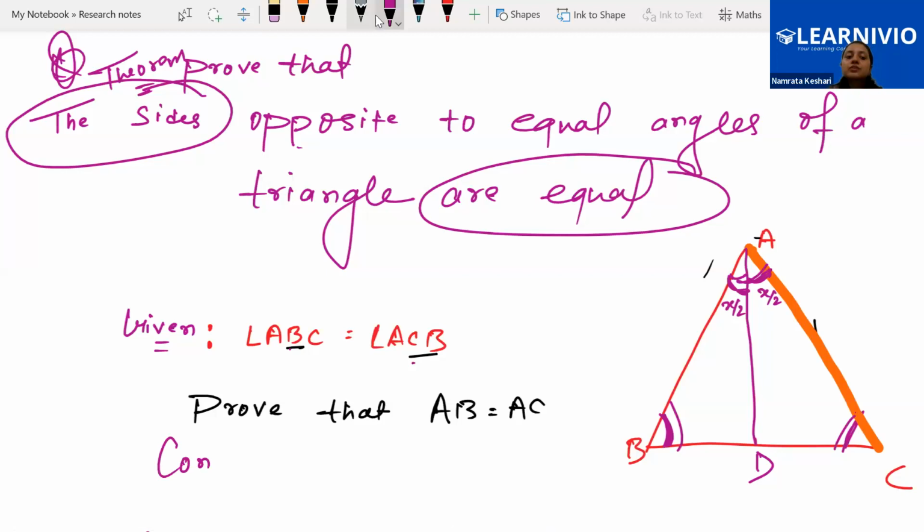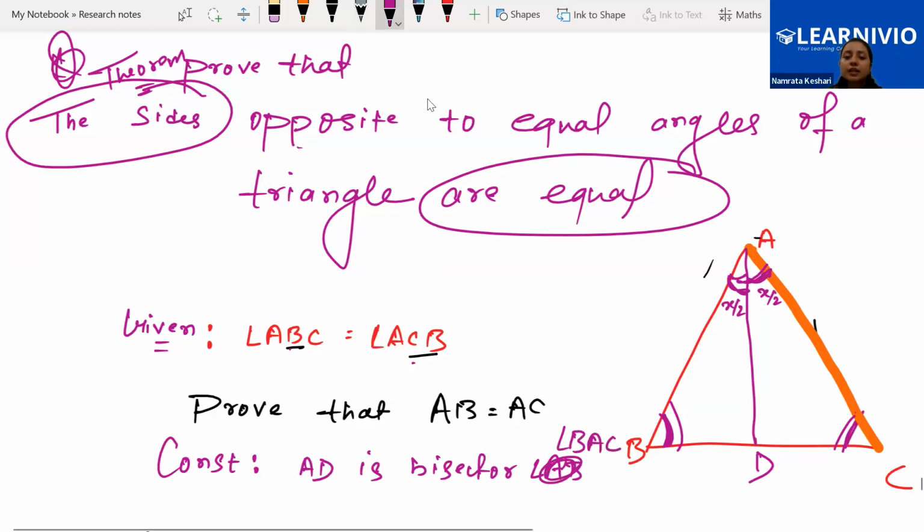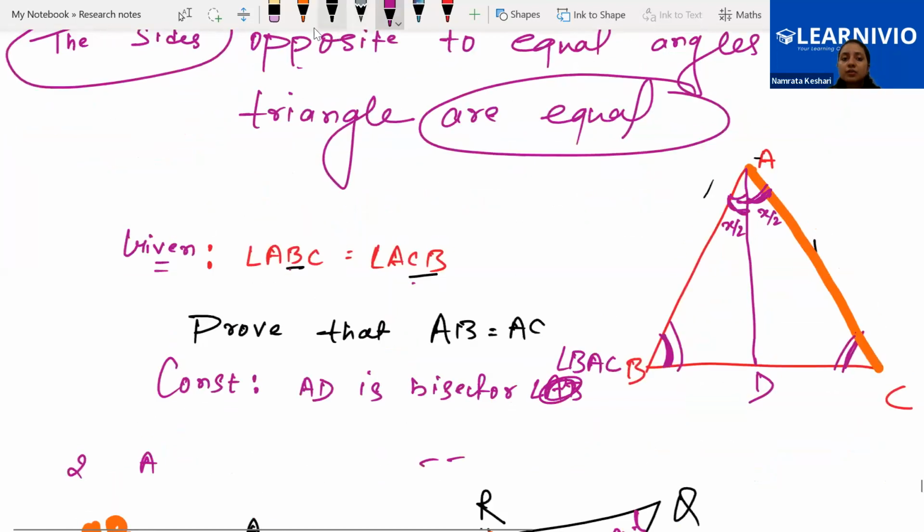We have done the construction like the previous scenario, that AD is the bisector of angle BAC. AD is the bisector of angle A. Now here, what are we doing?